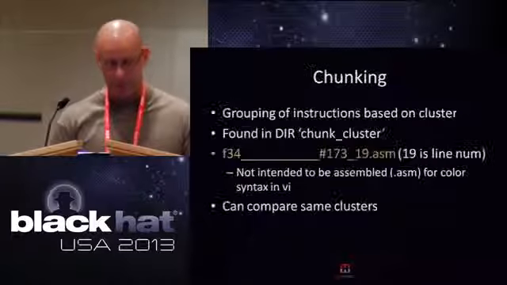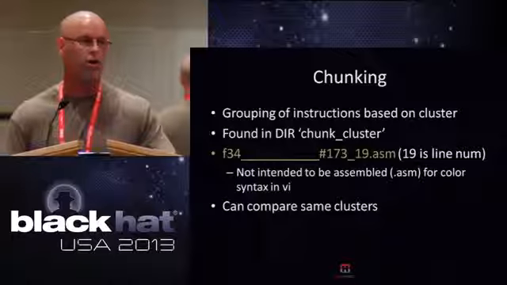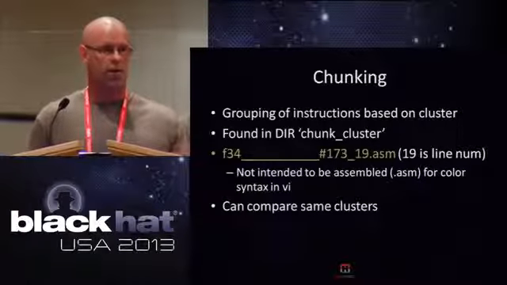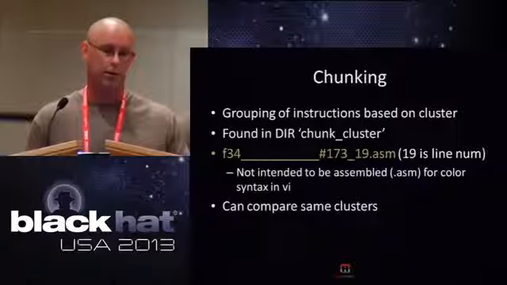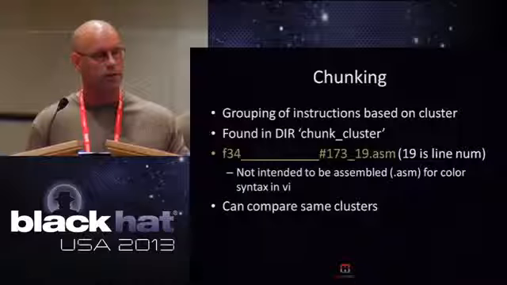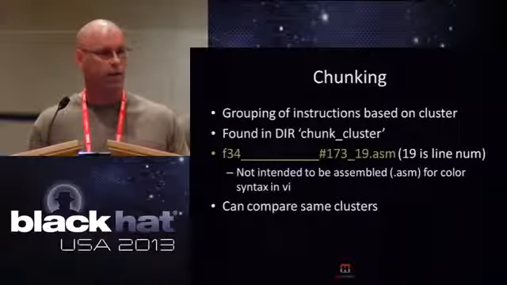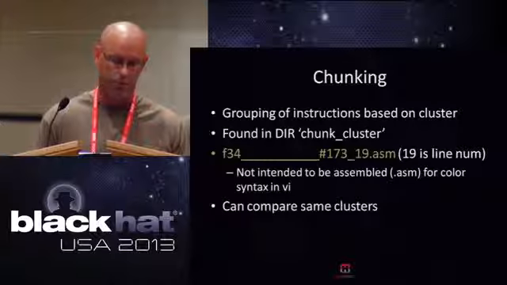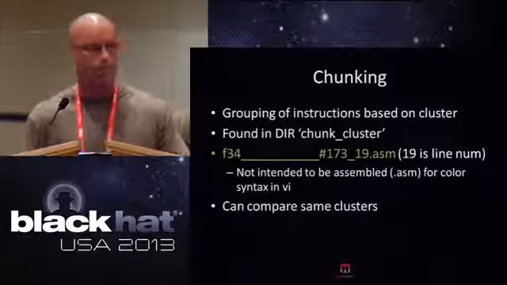But I actually make that a little bit easier because I created chunking. So when you're running it through, at the very last, when it's done and created the final_assembly.txt file, it creates a directory called chunk cluster. And what it does, it takes all those clusters and puts these files in there. So the big long clusters. And look at this example here. You see F34 pound 173, right?